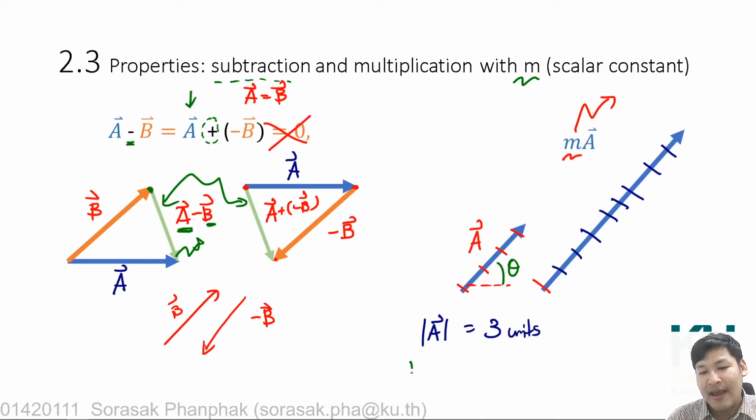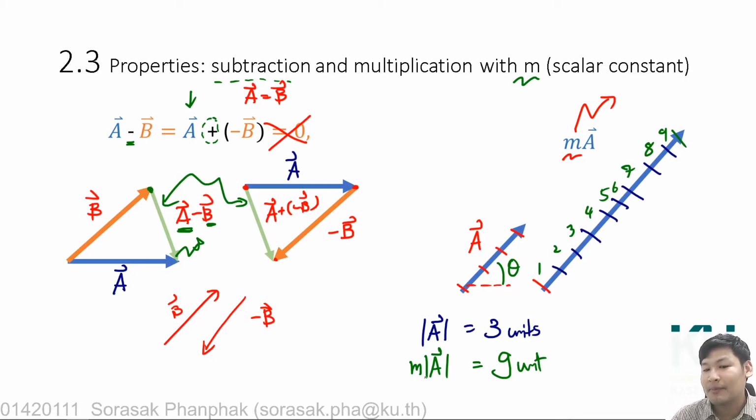But if you have M multiplied with A, what is it supposed to be? Like 1, 2, 3, 4, 5, 6, 7, 8, and 9 here, right? So if you count, the magnitude is 9 units. So what is M supposed to be in this case?